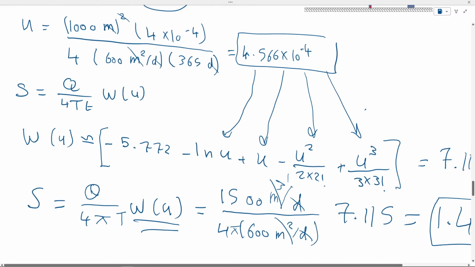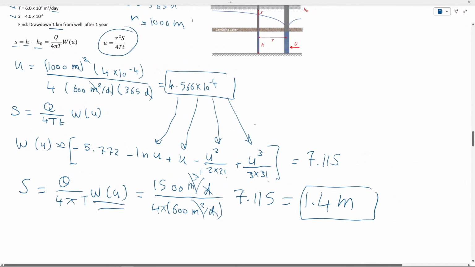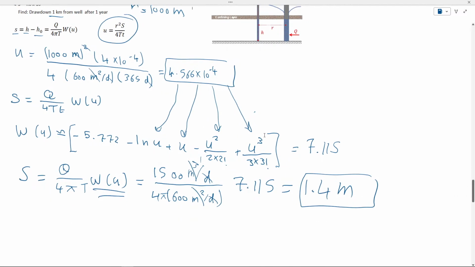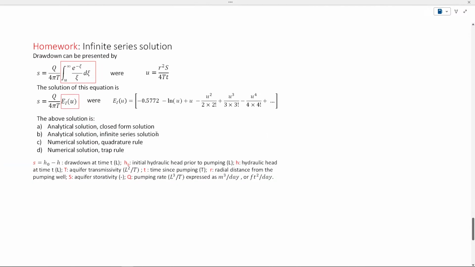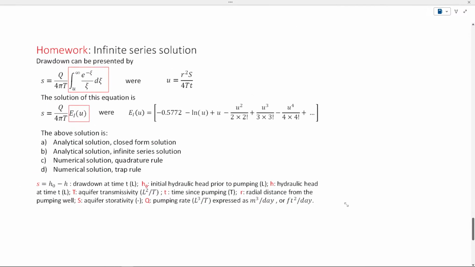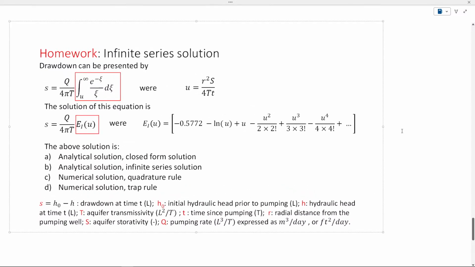Yes, we have here our solution. So now you know the infinite series solution. This is your problem for your homework. There's no tutorial because there's not much really to do. It's straightforward. So here, this is your tutorial.